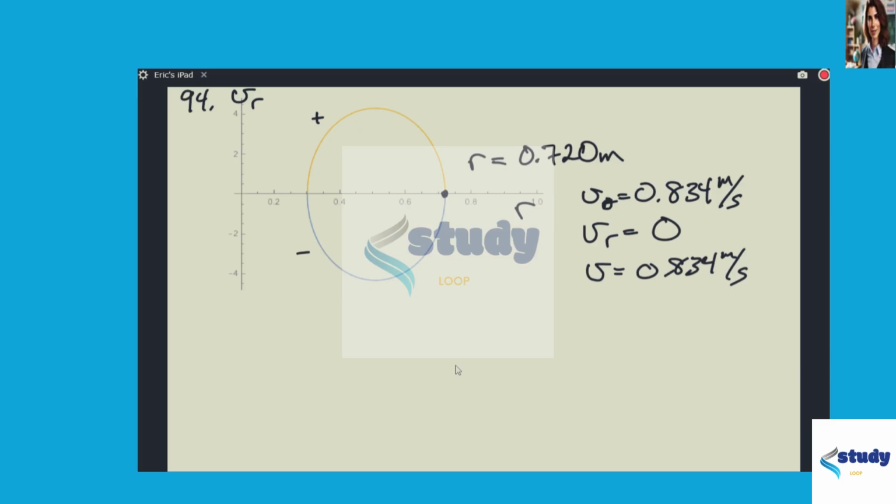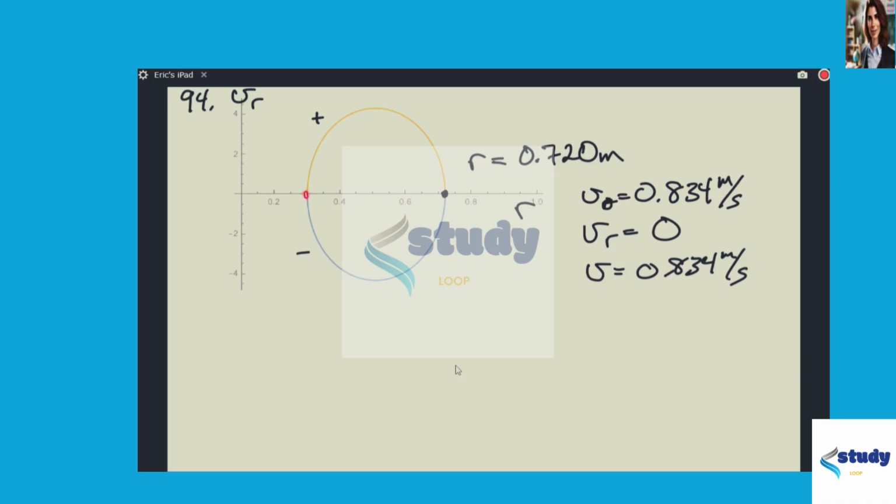So what we see is we get two values here. Well, this is Vr as a function of r, and it's 0 at 0.3 meters, as we'd expect, because we set it to be that.